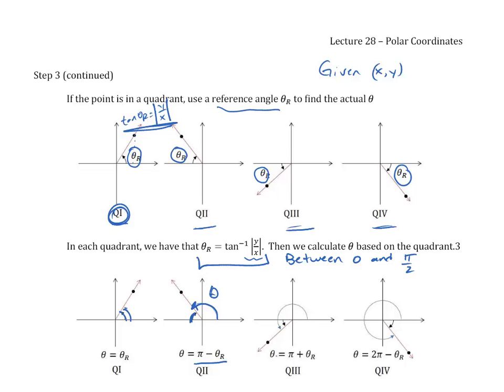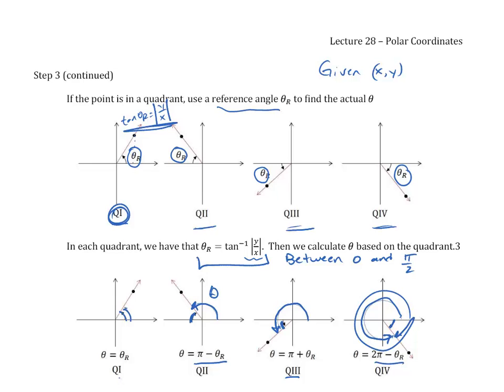Now, if I wanted to find theta, which is all the way from the positive axis down to the third quadrant, and I've found this little angle inside here, all I have to do in that quadrant is take pi plus my theta sub r. And if I want to find this theta here, notice that's all of 2 pi minus that little angle, so 2 pi minus theta sub r.